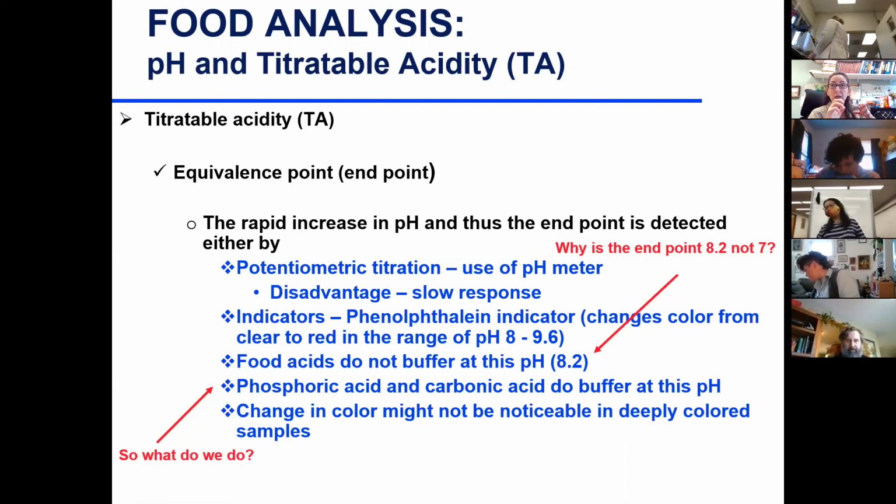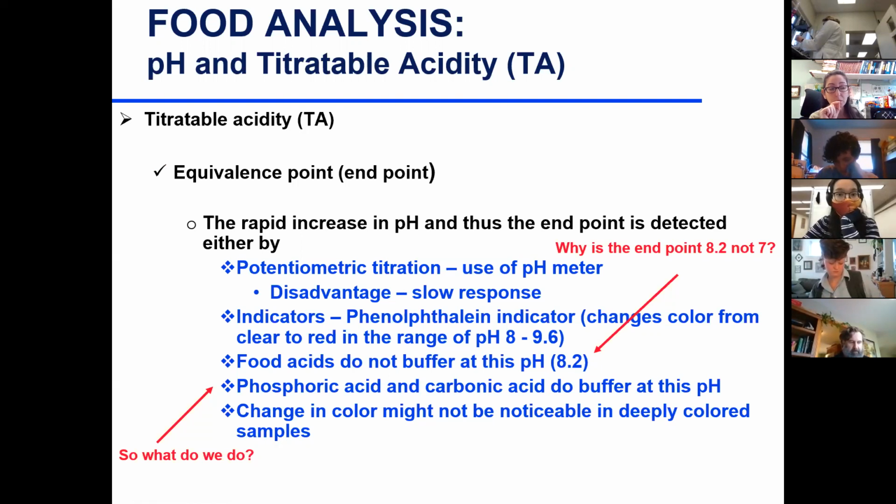Sometimes it turns pink but after a little bit it fades, so you want to titrate until you get that stable pink color. And it is perfect because it changes color when the pH is between 8 and 9.6. So it's slightly above neutral, but that's where actually the endpoint is at.